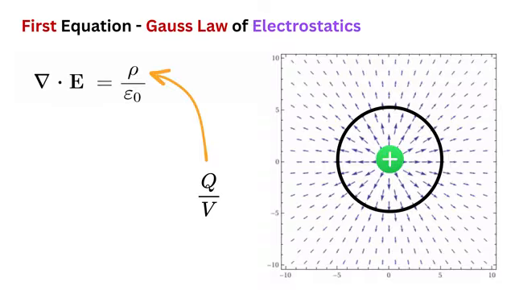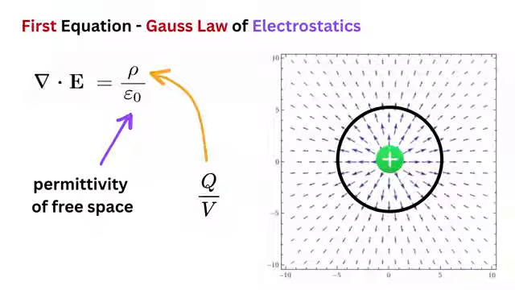Charge density simply means how much electric charge is packed inside a volume, or simply Q over volume V. The term epsilon 0 is a physical constant called the permittivity of free space, which tells us how electric fields behave in an empty space. Just consider it as a constant.